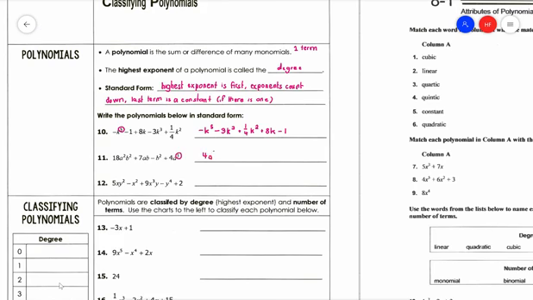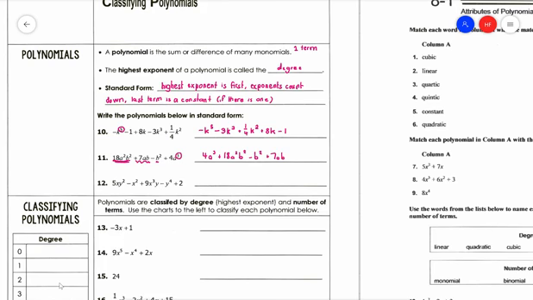So 4a cubed is the highest, and then we're looking for a square, but we have two different ones. We like to write these in alphabetical order, so I'm going to go with the 18a squared b squared first, and then I'll write the minus b squared. And then the very last one will be the plus 7ab since it has exponents of 1.